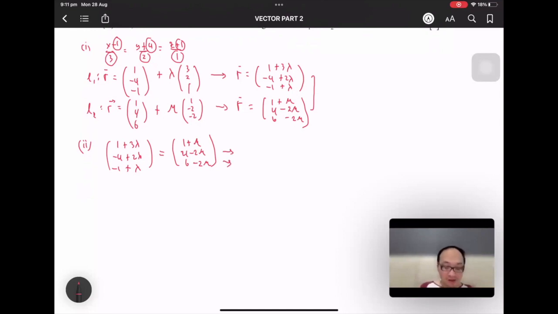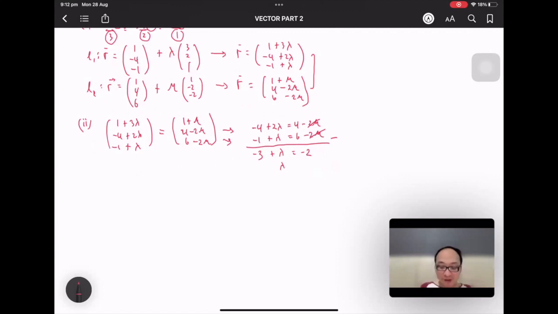From the second one, I have minus 4 plus 2 lambda equals 4 minus 2 mu. And from the third one, I have negative 1 plus lambda equals 6 minus 2 mu. Then I can just do elimination by subtracting, so I can cancel the mu. So this equals negative 4 minus negative 1, which is negative 3, and 2 lambda minus lambda is plus lambda.